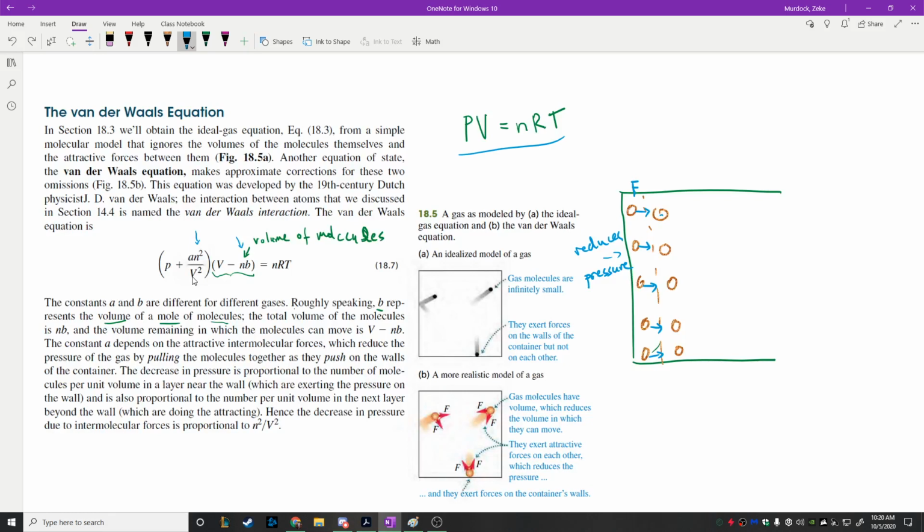Maybe, oh. I think it's because if you were to solve this equation for pressure, this term would end up on the right hand side of the equation. Does that make sense? I think that's what it is. Okay. All right. That's all we're going to say about the van der Waals equation.